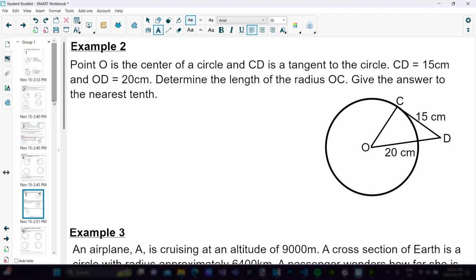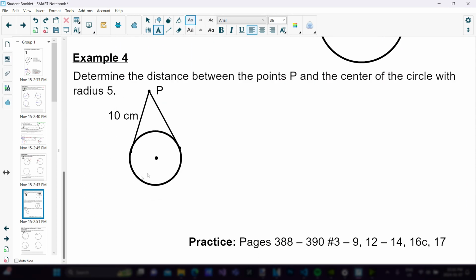Okay, 3 questions on this last page. Let's do 2 of them. And let's do the last one first, because this one is actually the easiest one, I think. Determine the distance between the point P and the center of the circle with a radius of 5. Okay, a couple pieces of information here.